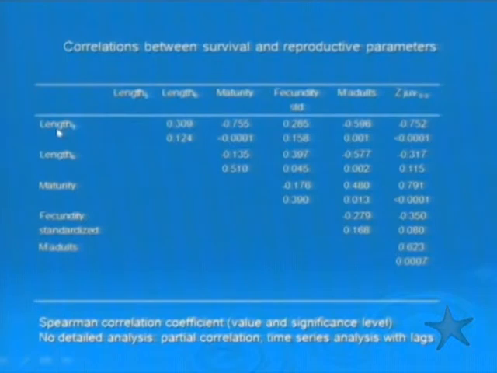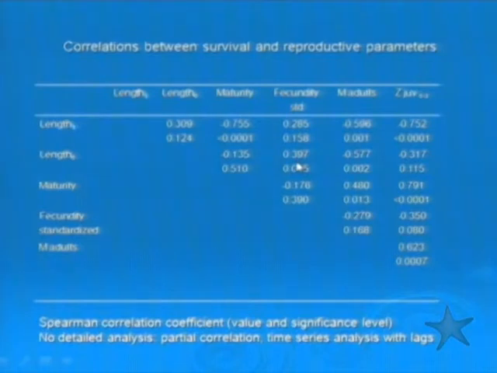And the length also at age 3 is highly correlated to the adult and juvenile mortality. So if you have a larger length at age 3, the mortality will decrease. So if you're growing slower, the mortality will increase. The length at age 6, which represents the mean size of the adult population, is correlated with the fecundity.